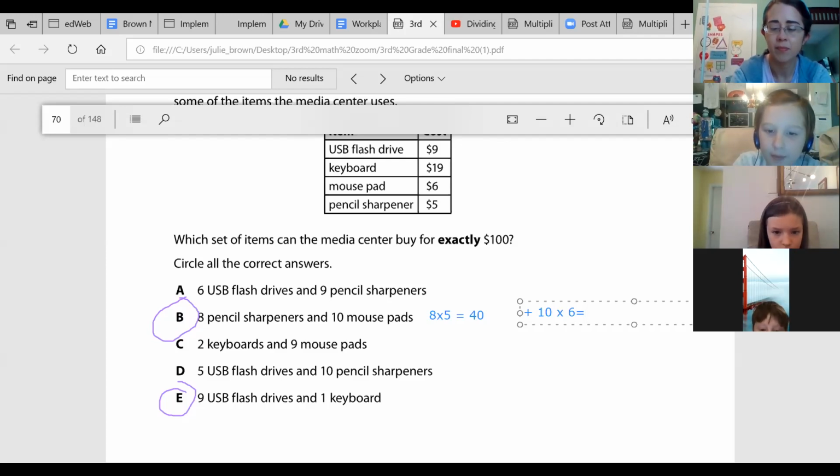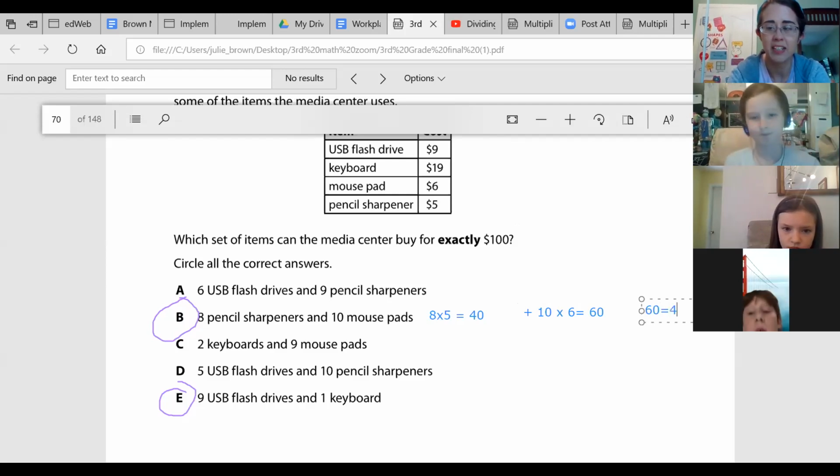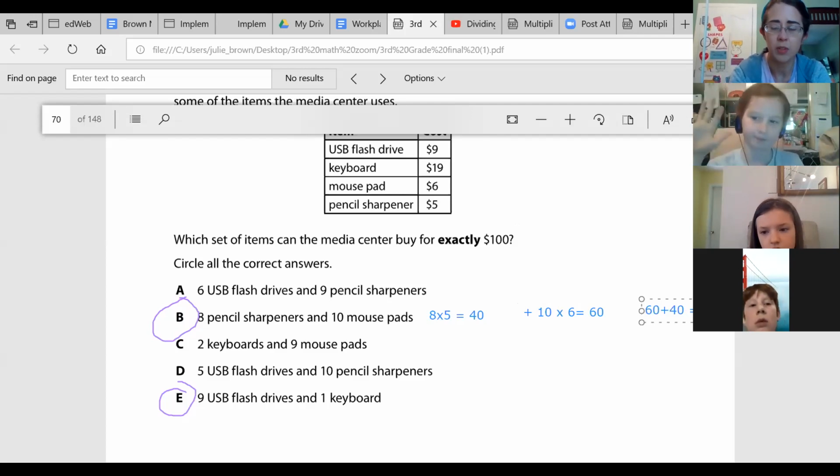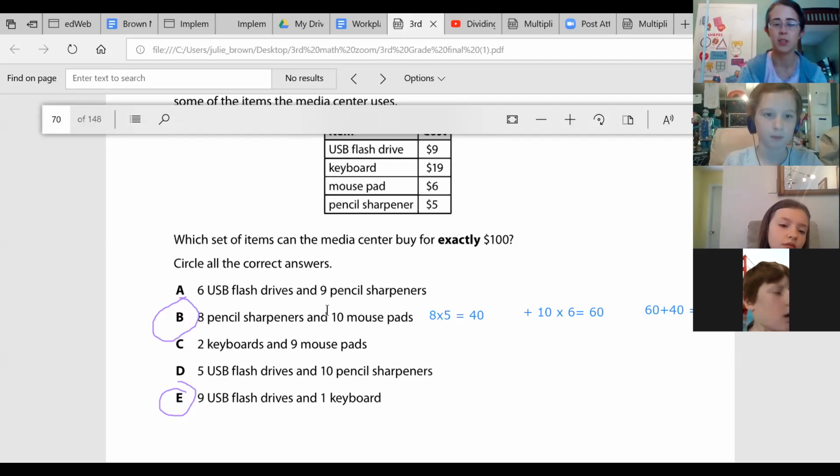And so 10 times 6 is 60, and 60 plus 40 is 100. Perfect. That's why B is correct. And 60 plus 40 equals 100. So you guys can even write that next to letter B, just like you see it in the blue.